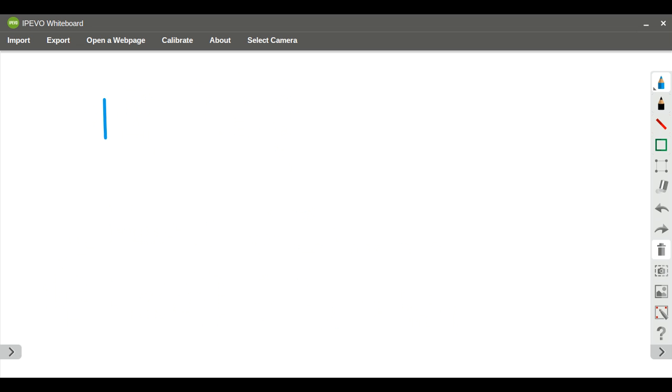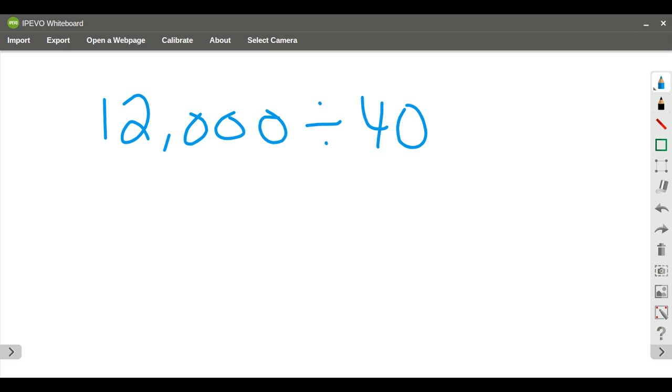So I have 12,000 people, and I carried the same amount of people for 40 trips. So that right there, that's my division problem. Then what I'm going to do is take 12,000 and divide it by 40. So first thing I'm going to do is get rid of those zeros. I have a 0 in the 40, so that's going to come off.